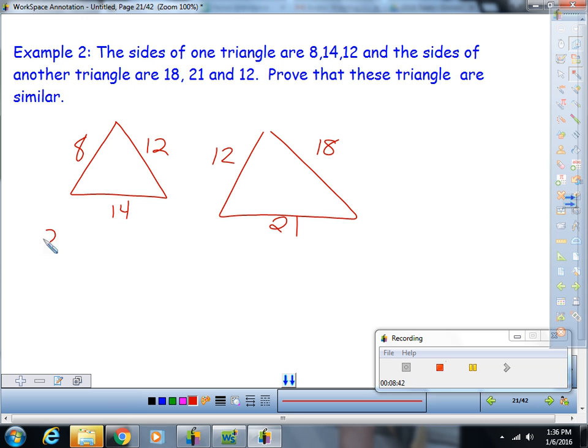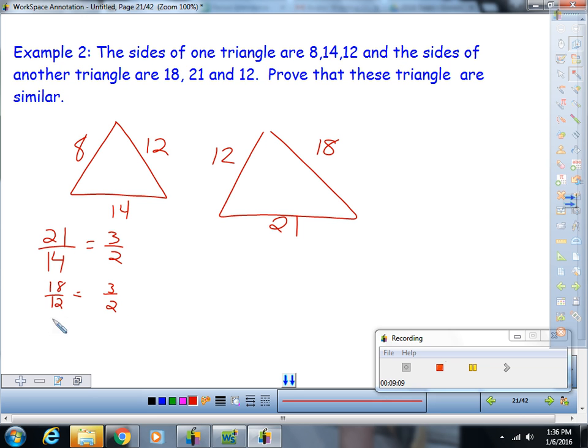So, just do this. 21 over 14 equals, divided by 7, 3 to 2. 18 over 12 is equal to 3 over 2.